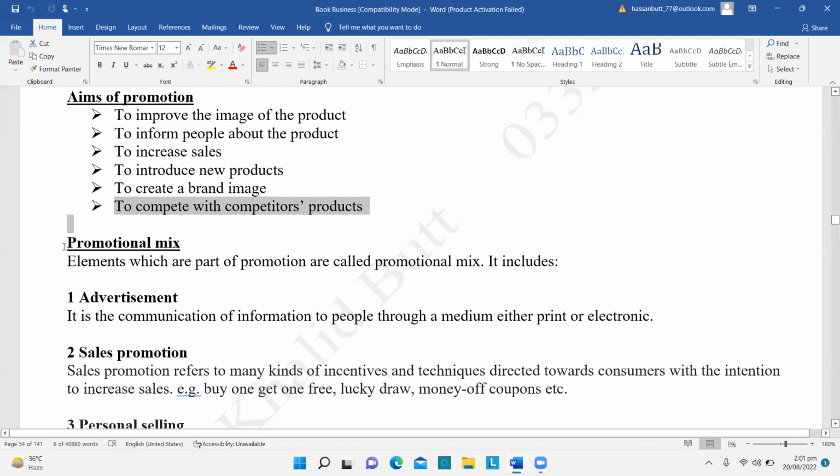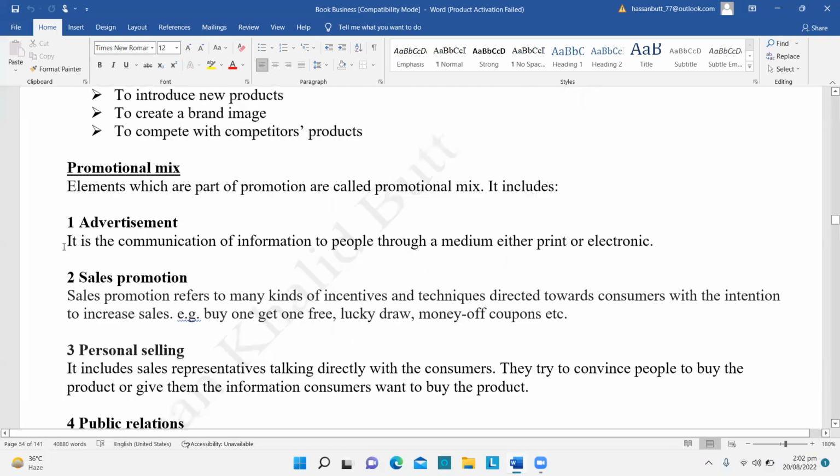And you know that sweets are liked by smaller kids. So they showed in that ad, what are you doing? You are a young boy and you are still having Pepsi. And they are saying that now your drink is Thumbs Up. Why? Because it is strong in nature. So that was a competitive advertisement by comparing their product with the others. So this is also done through promotion. Got it?